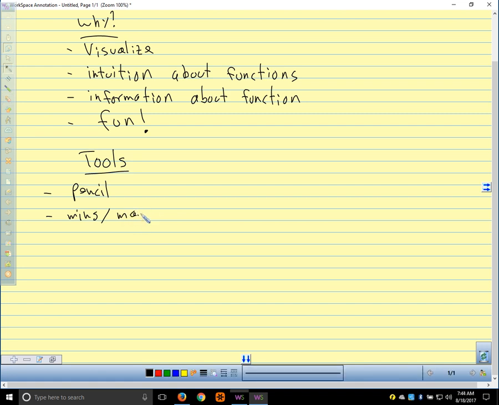And let's drill down a little bit here. Mins and maxes. What tells us about mins and maxes? Derivatives. We're going to take derivatives. Zeros. Intercepts. Awesome.